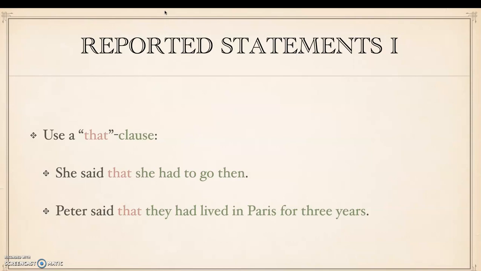That she had to go then. We use the linking word that, and then we go on with the rest of the sentence. That is a that clause. A subordinate noun clause. Direct object of the verb in the main clause.